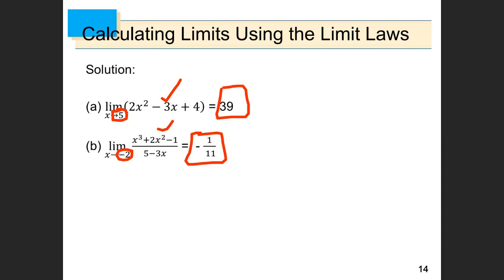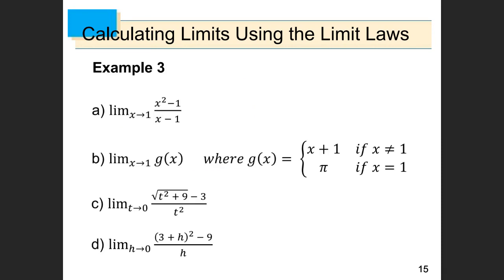We go to method number 2, which is trying to factorize. So for example 3, if you look at this first one here, a, like I said, for every limit question I ask you, test direct substitution and see. Already you can see that direct substitution is not going to work here. Why? Because look at this bottom piece here. X cannot be equal to 1, because when x is 1, you're trying to divide by 0.